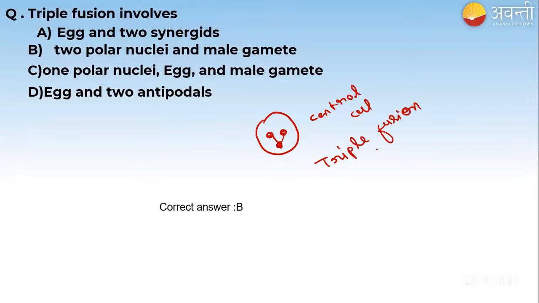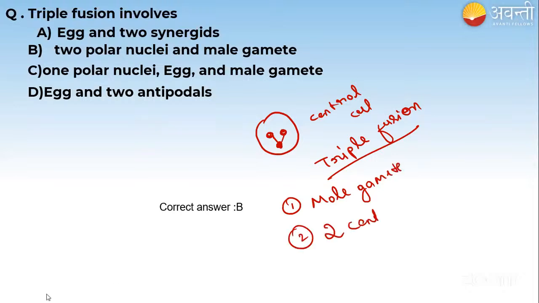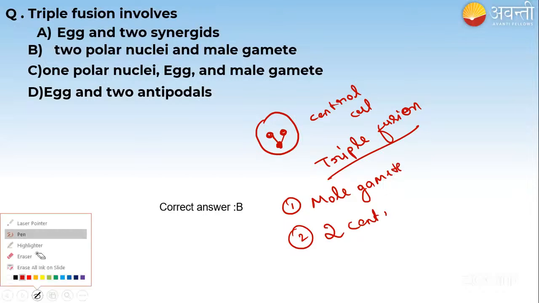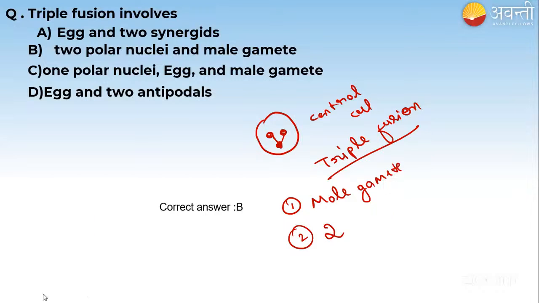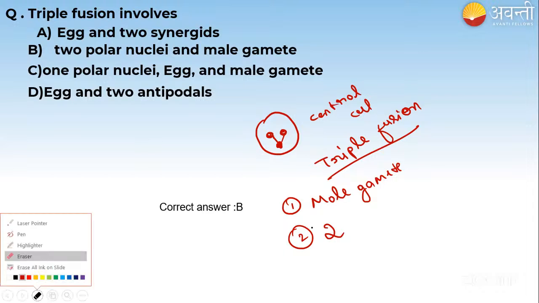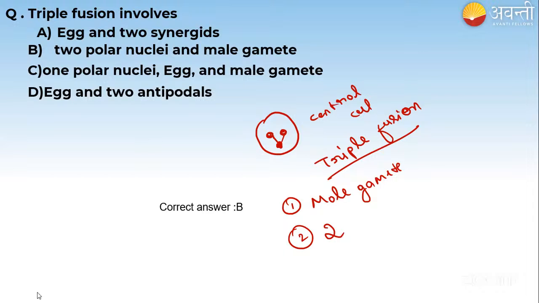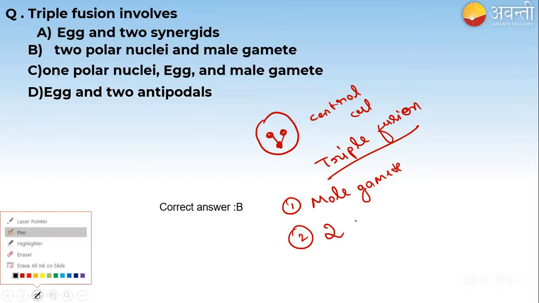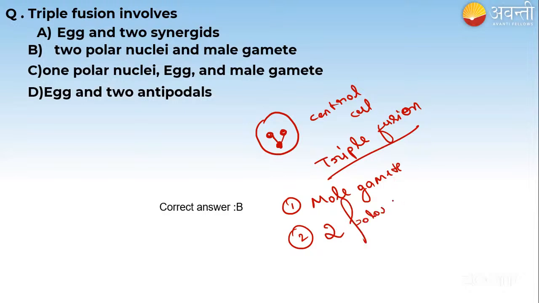In the triple fusion, one is the male gamete, and the second is two polar nuclei, which are in the central cell. So that's why we say two polar nuclei. Did you understand this?